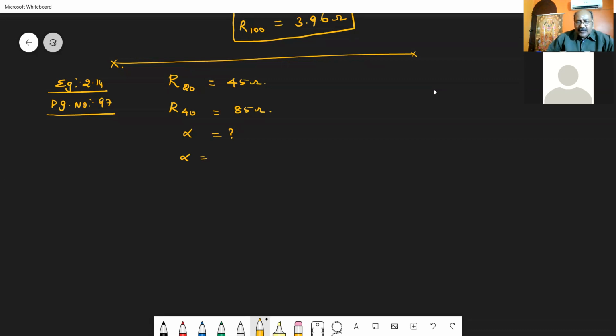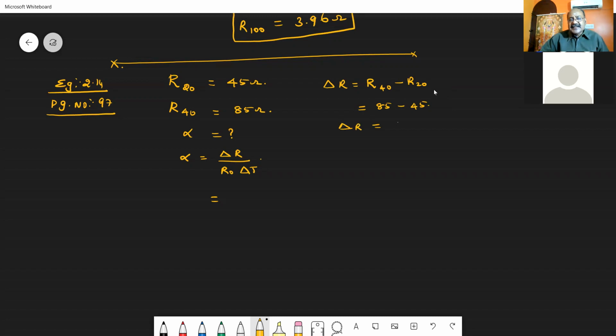So we know that alpha equal to delta R divided by R0 into delta T, the general formula. What is the value of delta R? Delta R is the difference between the two, that is R40 minus R20. R40 is 85 and R20 is 45.